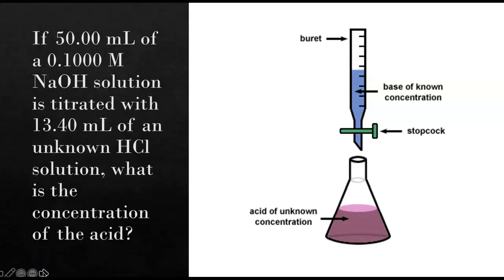If you had 50 milliliters of a 0.1 molar NaOH solution, and that is the concentration of the solution you mix up here, if it was titrated with 13.4 milliliters of an unknown hydrochloric acid, which is a monoprotic, so it's donating one hydrogen ion, what is the concentration of the acid?